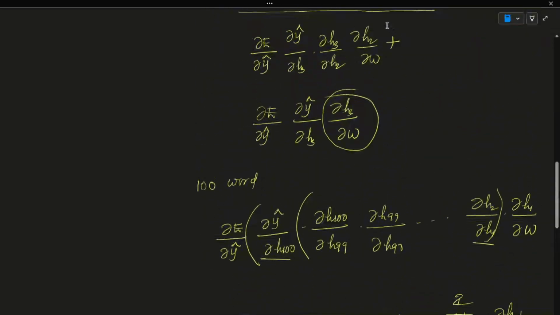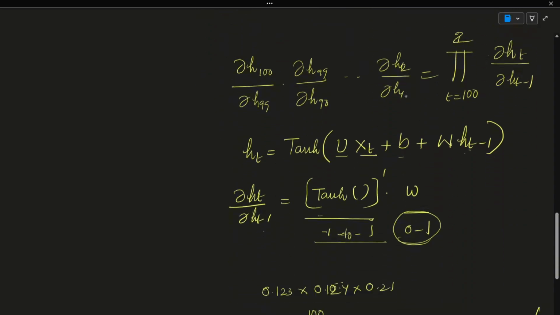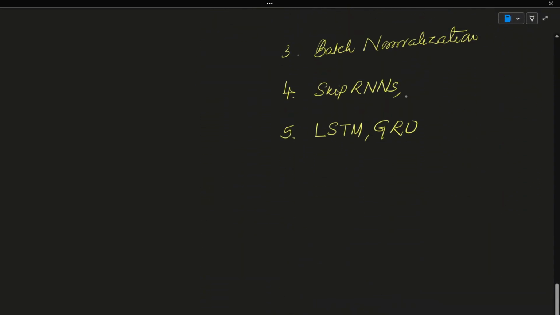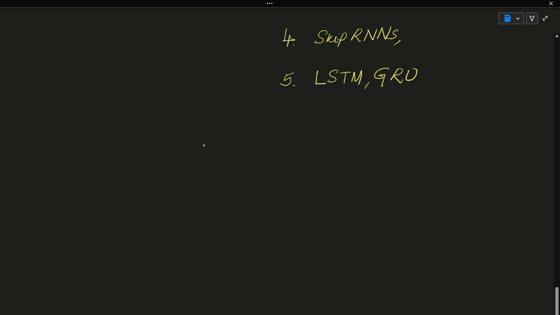So what is the first problem? The first problem is the vanishing gradient problem, which is also called the long-term dependencies problem. That means your output is depending on the recent input, not on the last input. That is the first case.